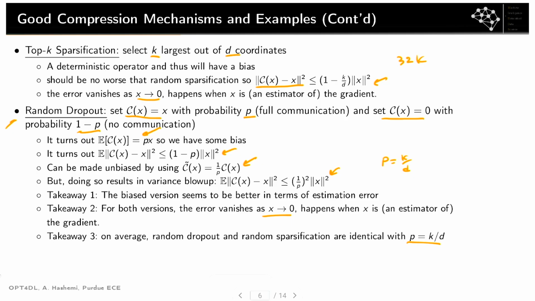Now, on average, if I set P to be K over D, I'll be able to satisfy this requirement. However, for a specific communication round in which I'm sending a message, I'll be sending 32 times D bits, because random dropout says that you are communicating fully with a certain probability, so that won't be possible in this case. So even though on average they are equivalent, there are differences, and we may not be able to use random dropout in scenarios where there is a hard requirement on our communication budget.